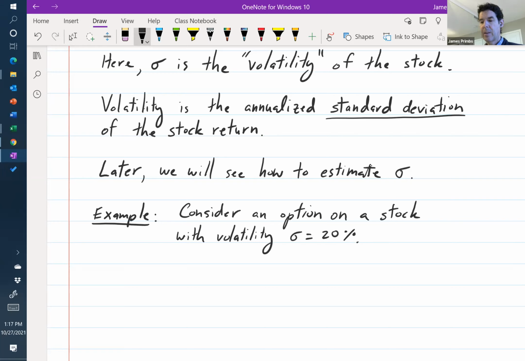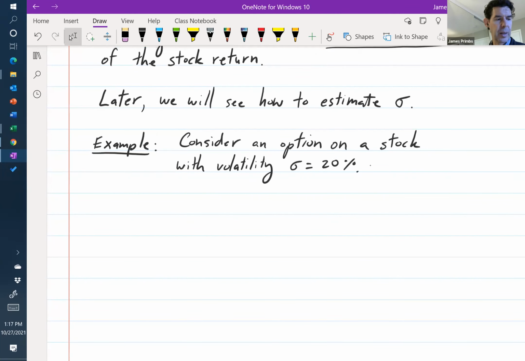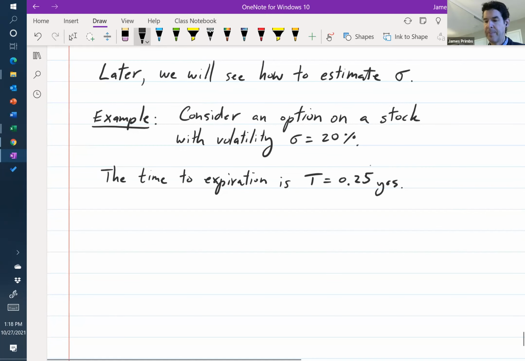Okay. So that 20%, that's the annualized standard deviation of the stock's return. We're going to say the time to expiration is, let's say, a quarter of a year. Okay, there's our time to expiration.